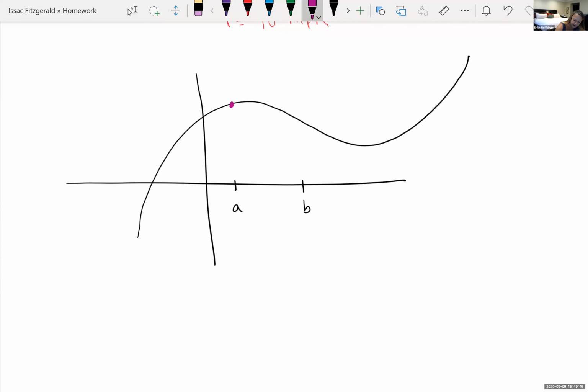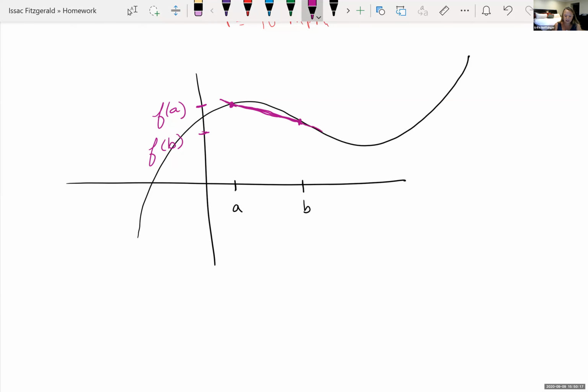At this point, our y value is f of a. And at this point, f of b, this is our y value when x is b. So when we're looking at the rate of change, we're looking at the slope of the line between these 2 points.